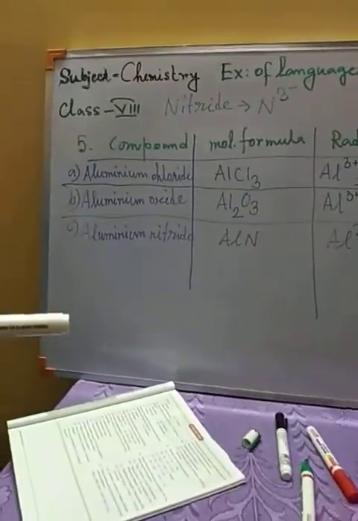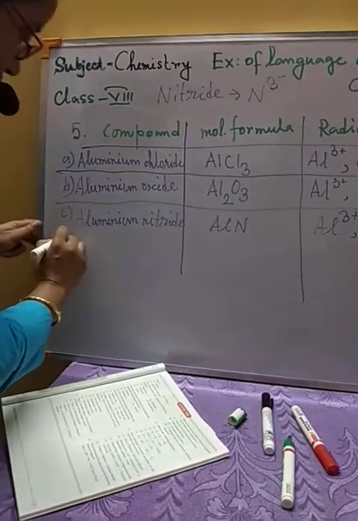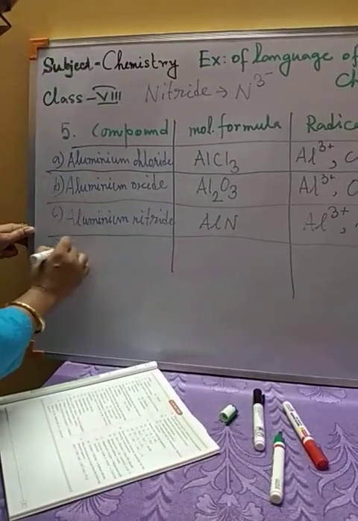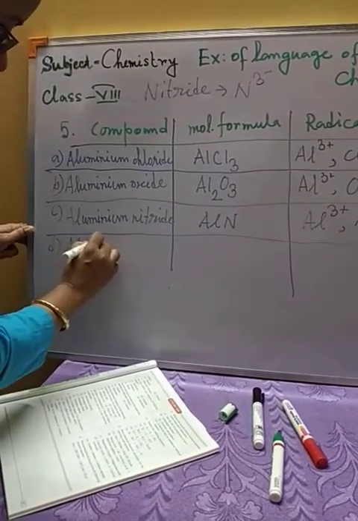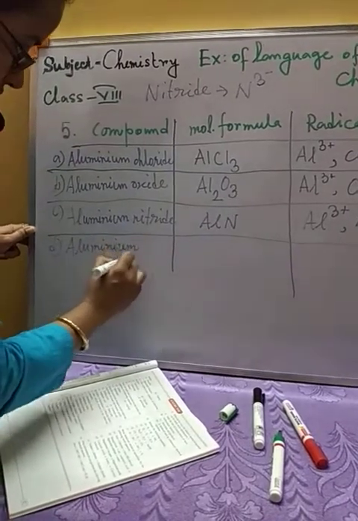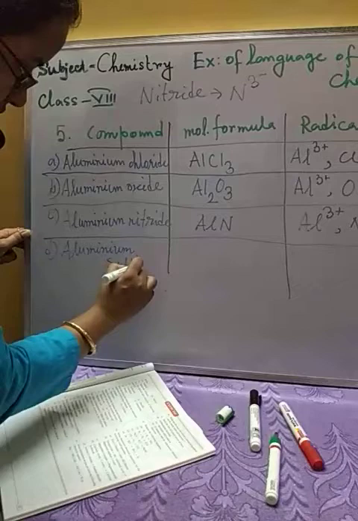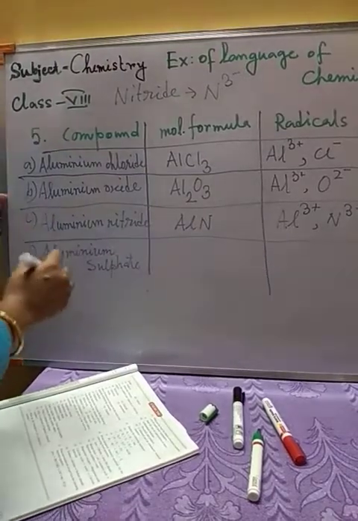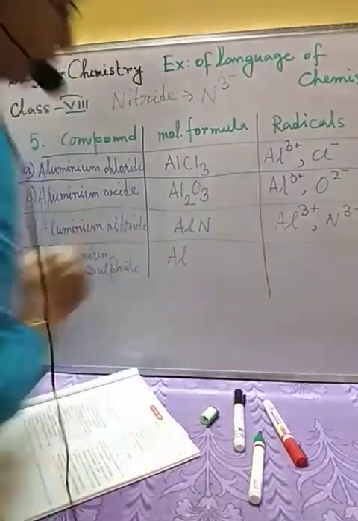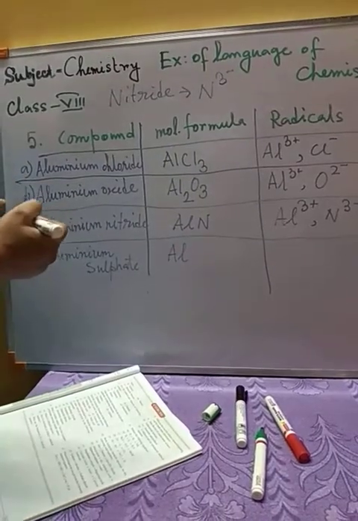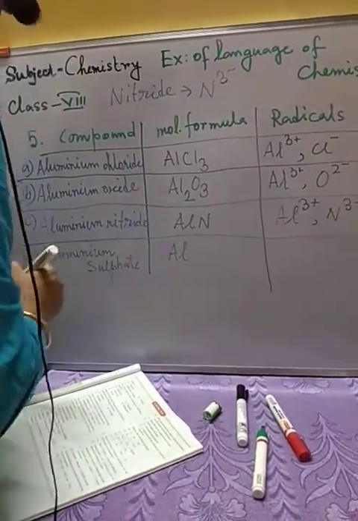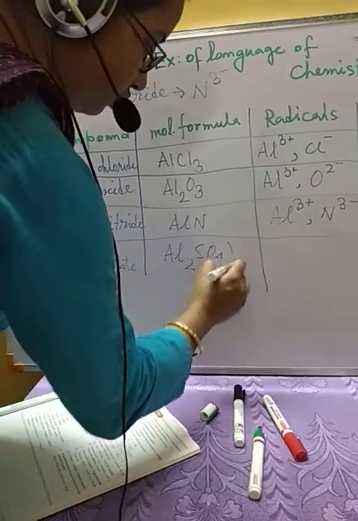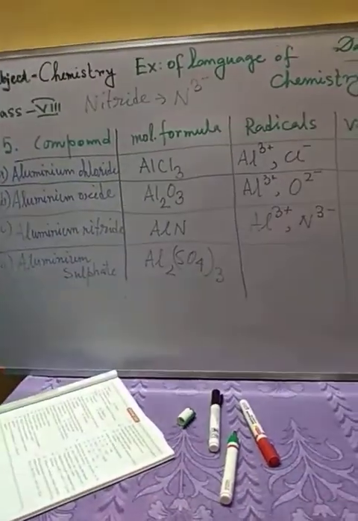Next number D, aluminium sulfate. So the molecular formula will be, aluminium's valency is 3, we know, and sulfate's valency is 2, SO4 2 minus. So Al2(SO4)3.